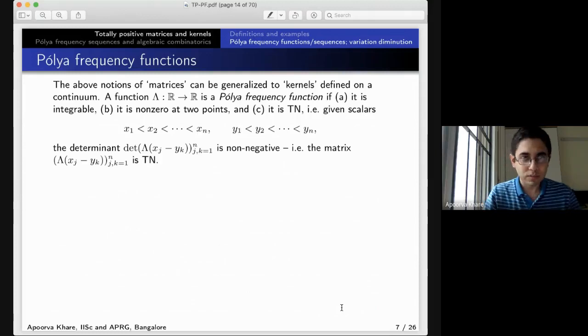Okay, so the above notion of matrices can be generalized to kernels, as we already saw in the Gaussian case.